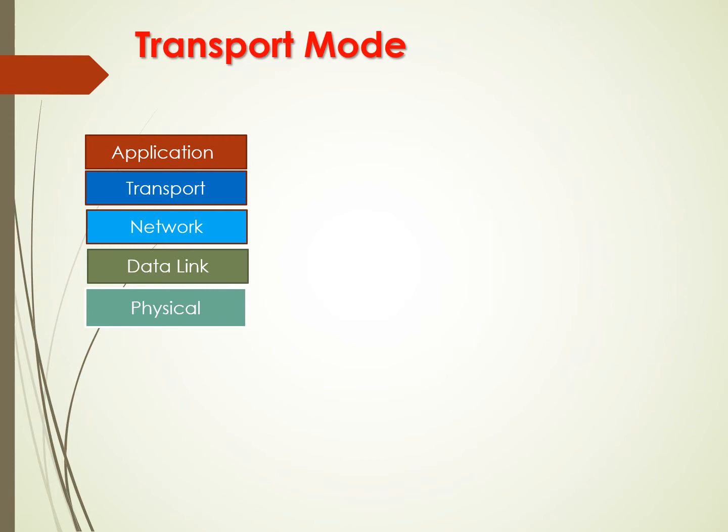This is the architecture of the OSI layers. Out of the 7 OSI layers, only 5 layers we are considering for our discussion here. This is how the data will be transmitted from one layer to another, and finally we receive the data from the physical layer.